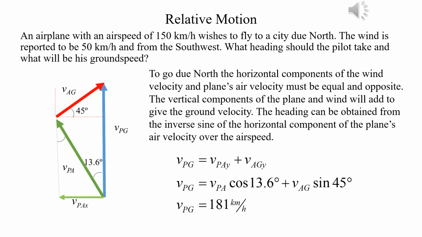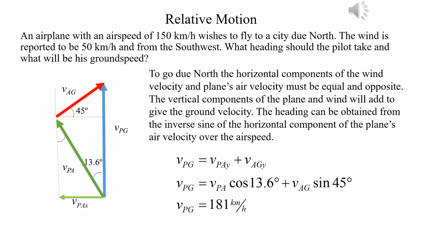Alright, so now we want to get the ground speed, so we take the velocity of the plane with respect to the ground in the y direction, so that's going to be the velocity of the plane with respect to the air times cosine of 13.6 degrees plus the velocity of the air with respect to the ground times sine of 45 degrees.